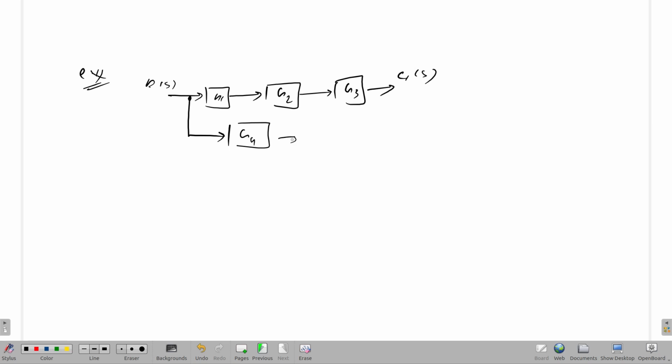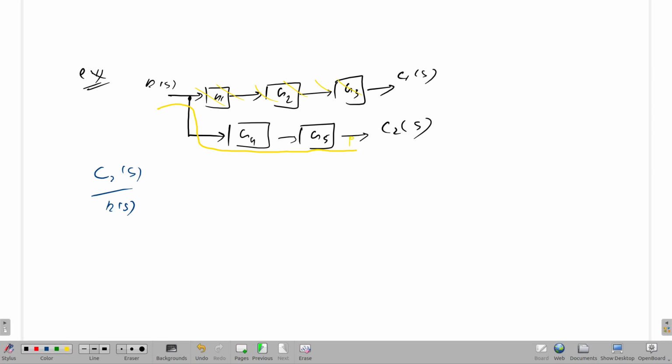G4, G5 and C2 of S. Okay, so suppose the transfer function you want to see is C2(S) by R(S), what you do is we only consider this path, because this path is irrelevant for us in this particular scenario. Because we don't want to know what signal is going there, it is irrelevant. What we want to know is what signal is flowing in this path.